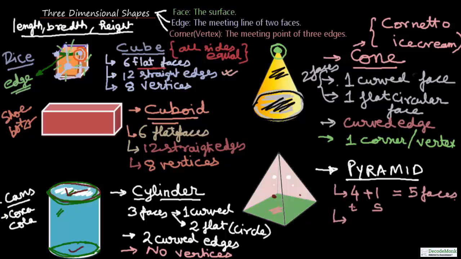Now tell me how many edges are there. 1, 2, 3, 4, 5, 6, 7, 8. So it has got 8 edges. Now you should be able to identify the corners. 1, 2, on the back side 3, 4 and 5. So there are 5 corners of a pyramid. These are the shapes that you have to know well.